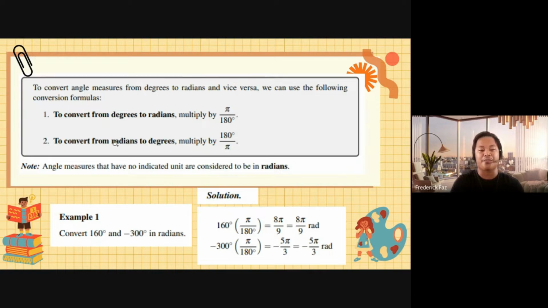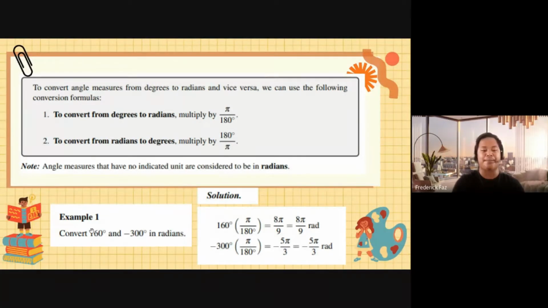To convert from radians to degrees, we multiply the given radian by 180 degrees over pi. And note, angle measures that have no indicated unit are considered to be in radians.